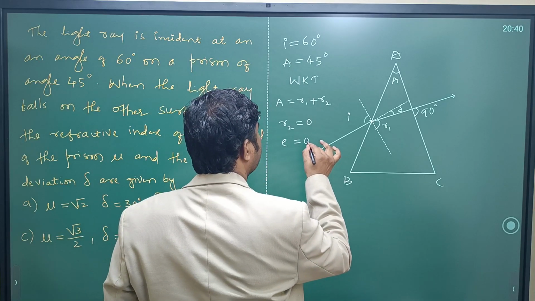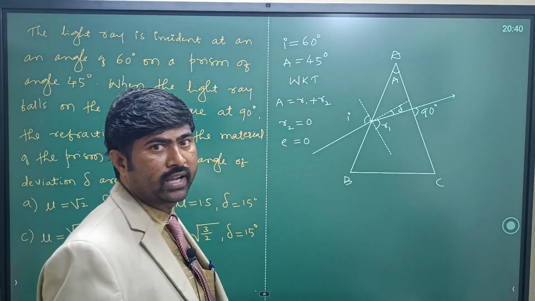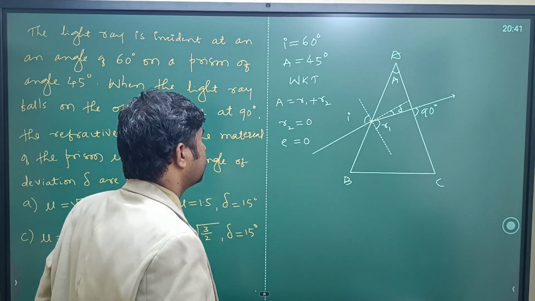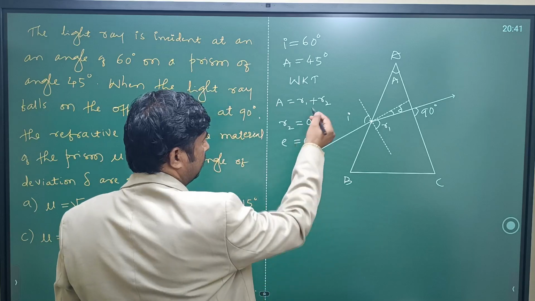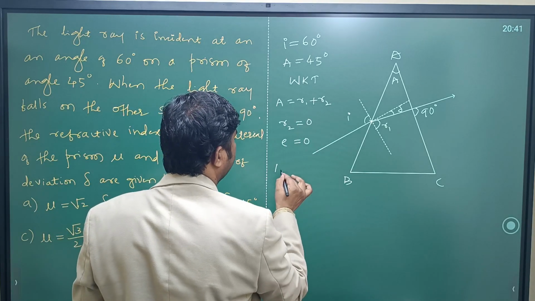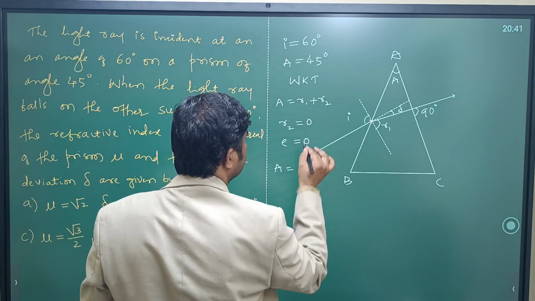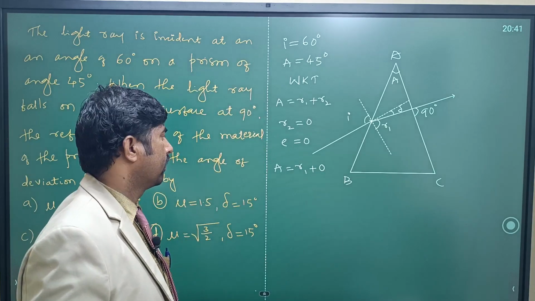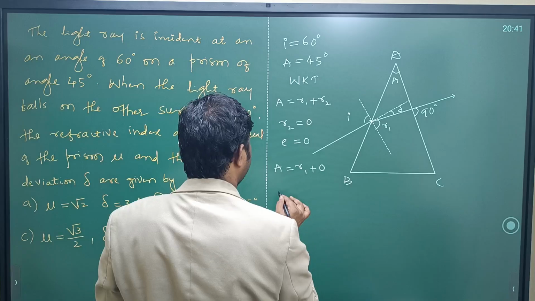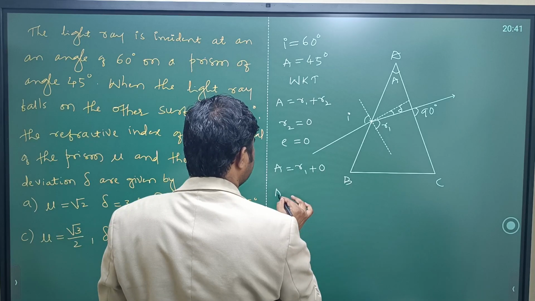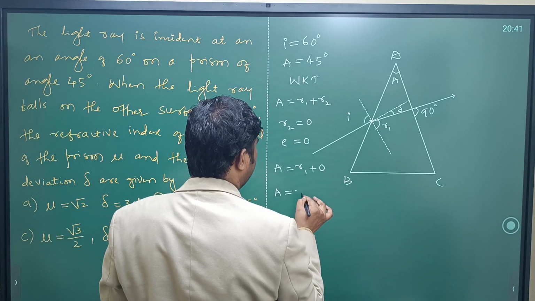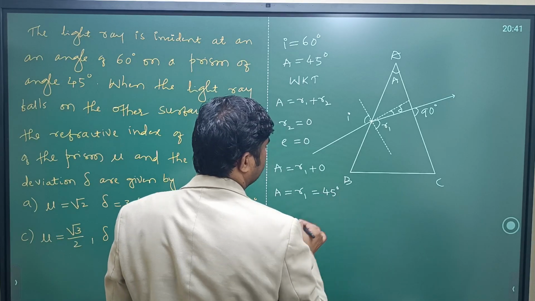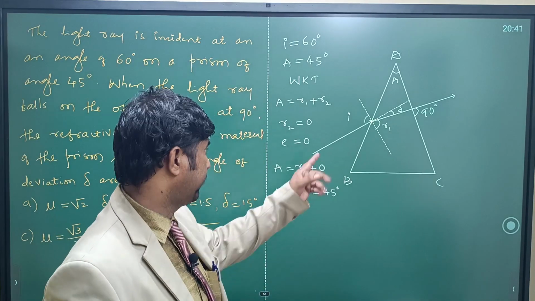Are you clear? Angle of emergence value is also 0. Now if you want to calculate the value of angle of prism, A is equals to R1 plus R2, and R2 value is 0, then you will have A is equals to R1 which is equals to 45 degree. You have got R1 value is also 45 degree.